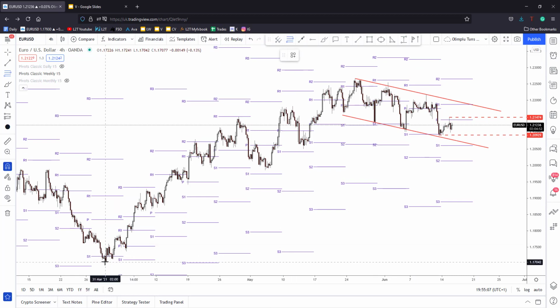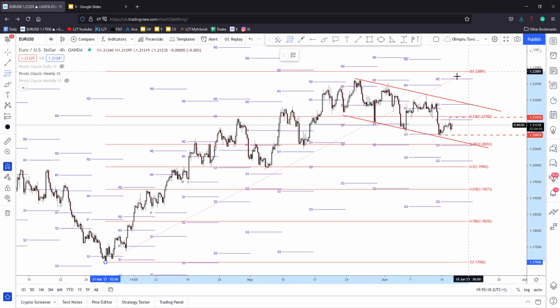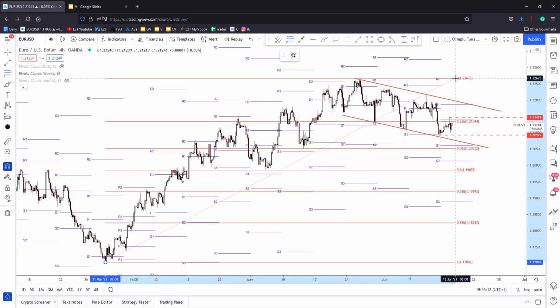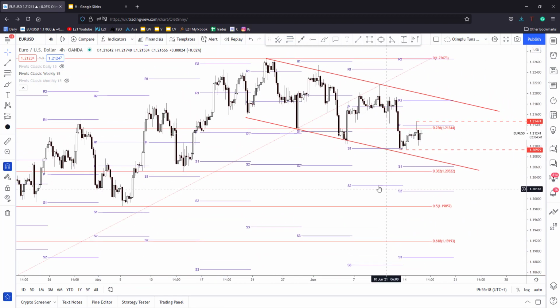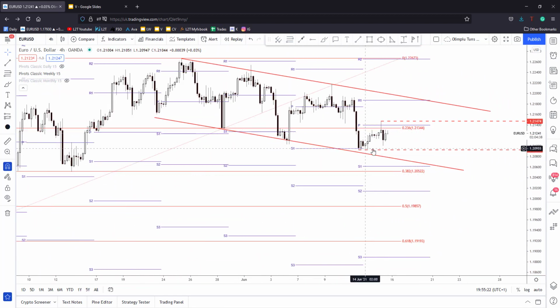because we need to know where we are here. So we are right below the 23.6. The price has bounced back, has rebounded from here, from the S1 of the former week. We have here these lows, and the price has rebounded to test and retest the 23.6, the weekly pivot point.